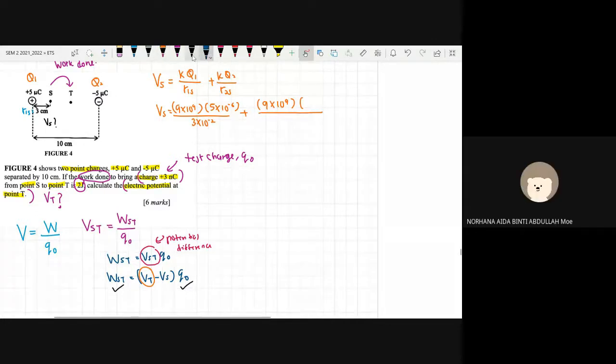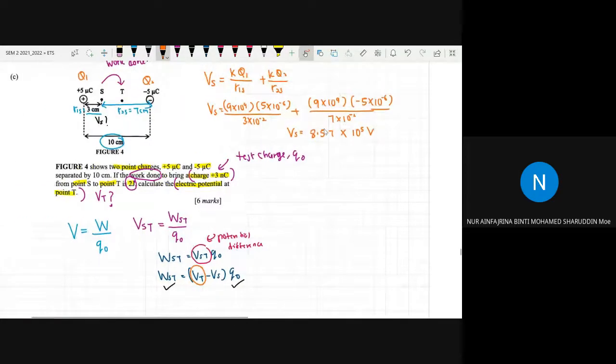Perlu. Very good. Sebab dia adalah negative charge. Okay, what is the distance between charge 2 sampailah ke point S? 7 cm. So, you ambil 10 tolak dengan 3. So, dia adalah 7 cm. So, tekan calculator, you akan dapat electric potential at point S is 8.57 times 10 to power of 5 volt.